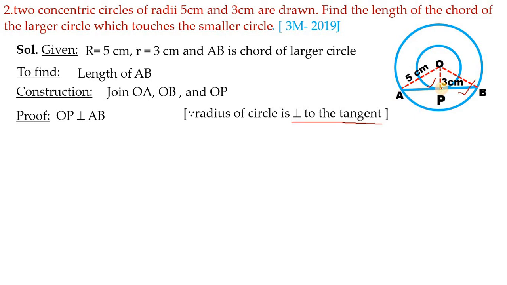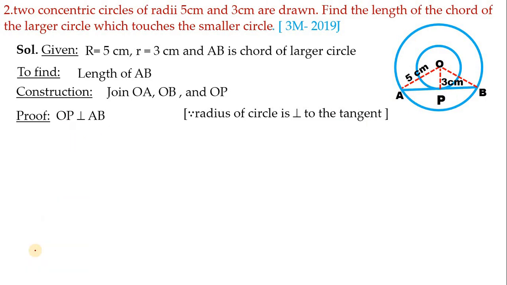Tangent means, as I already repeated, a line which intersects the circle at one point. It is intersecting the smaller circle at point P. Hence, AB is a tangent. OP is what? Radius. So the radius intersecting the tangent makes a 90-degree angle here. Hence, we can say that OP is perpendicular to AB.